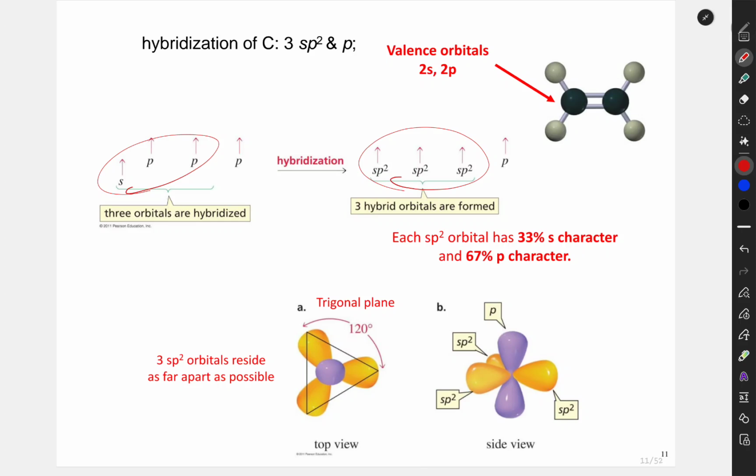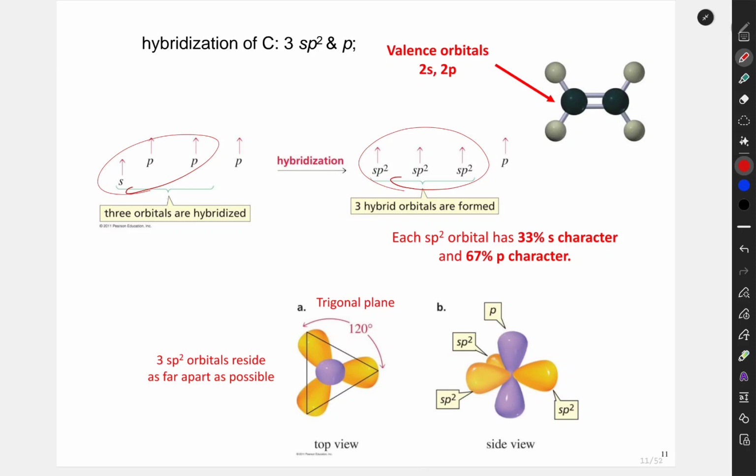With this hybridization, now you can have three equivalent sp2 hybridized orbitals, which are located in the same plane. You can view these sp2 orbitals from the top, and then you can see that a triangle, a trigonal plane, exists.